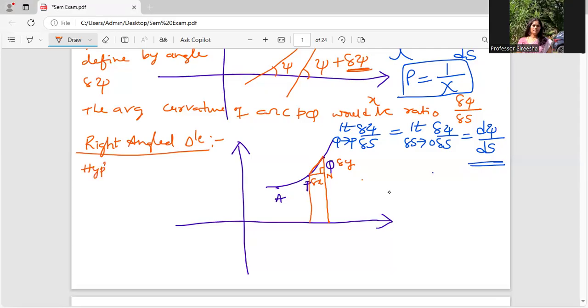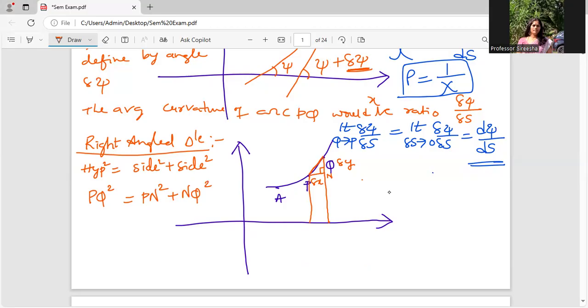So hypotenuse square is equal to side square plus side square. PQ square would be equal to PN square plus NQ square. Agreed, right? PN is one side and NQ is another side.